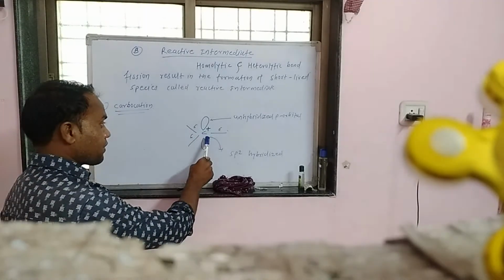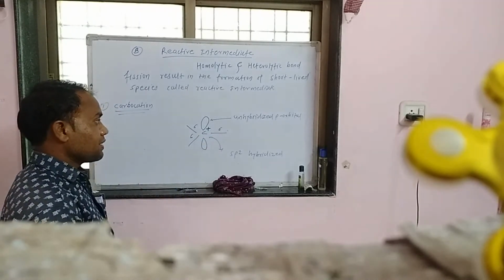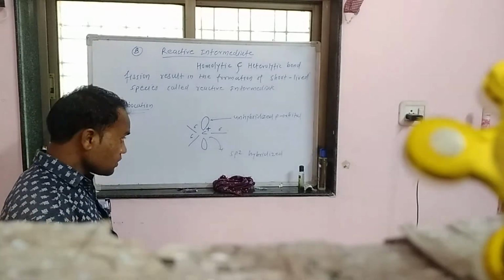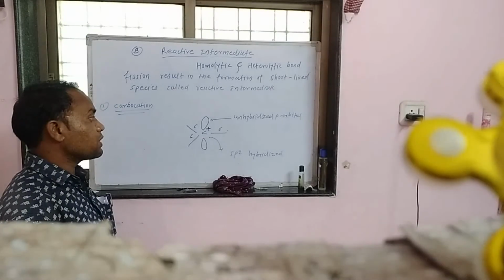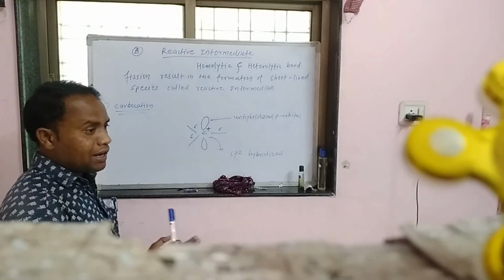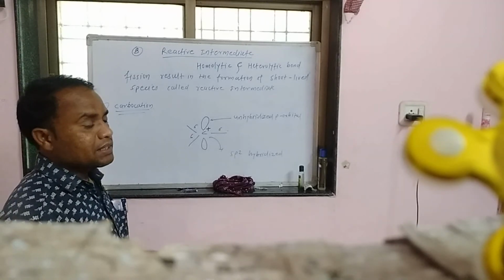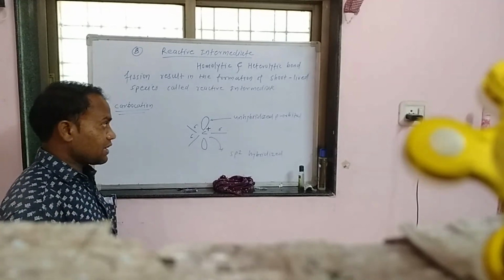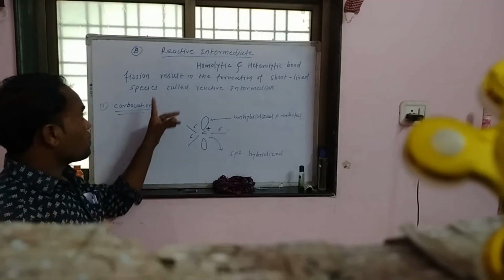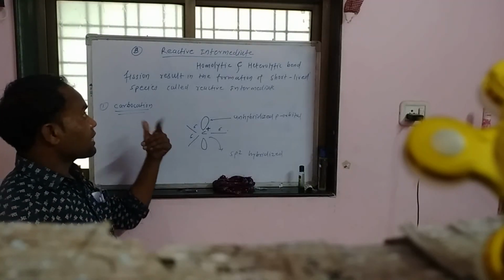Therefore, carbocations are planar ions. The vacant p orbital is used for overlapping with the electron pair orbital of donor atoms. Carbocations are classified as primary, secondary, and tertiary carbocations. Do you get it? Carbocations and reactive intermediates.